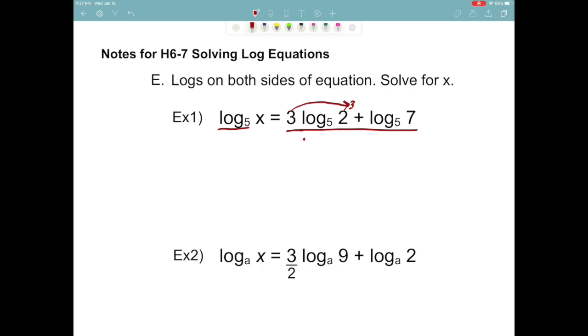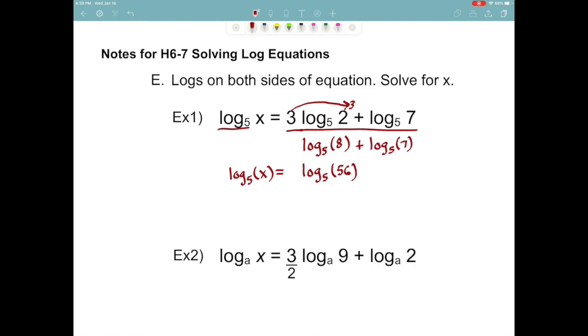Simplified, log base 5 of 2 cubed would be 8, plus log base 5 of 7. Let's use the product property here. That turns this into log base 5 of 56, and that still equals log base 5 of x.